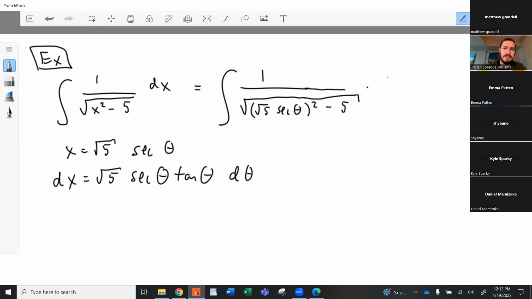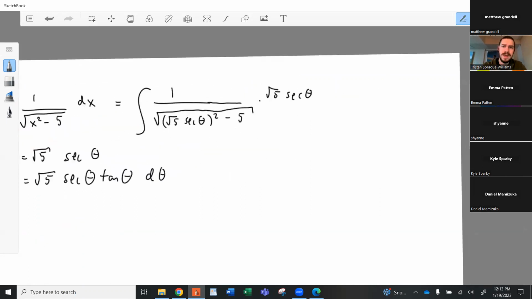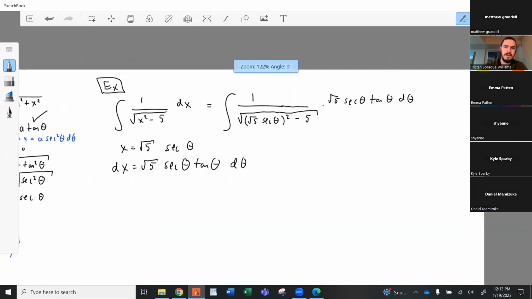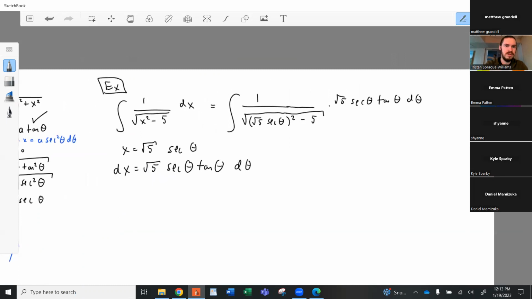And then times, in place of dx, I'm going to put the square root of 5 secant theta tangent theta d theta. So I'm making both of those substitutions, right? This whole thing goes in there. This thing goes in there.